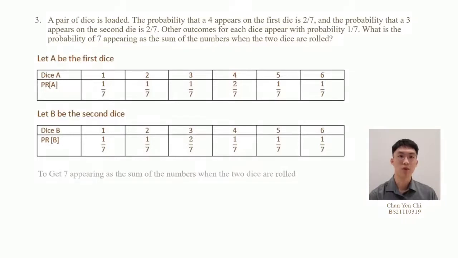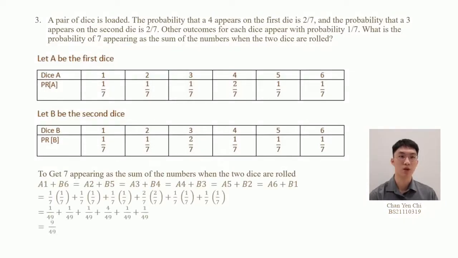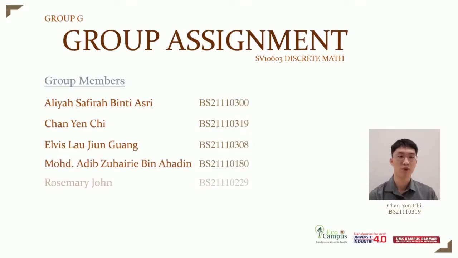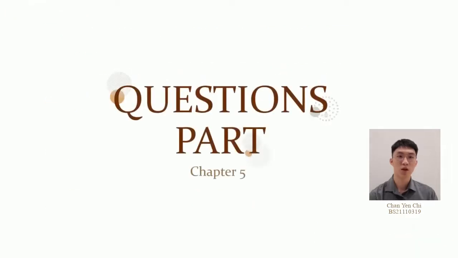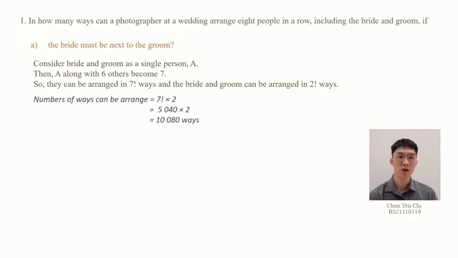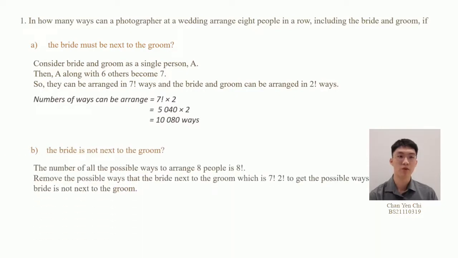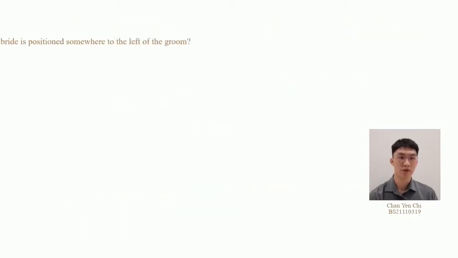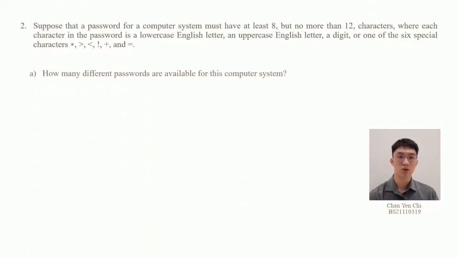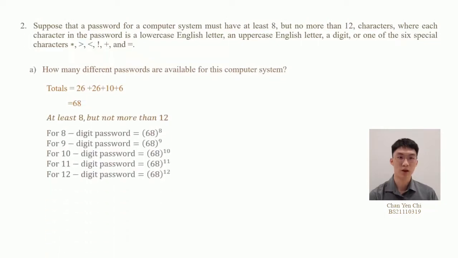To get a 7 as the sum of the numbers when 2 dice are rolled, we have to list out all the combinations of the dice that give the sum of 7, which are A1 plus B6, A2 plus B5, A3 plus B4, A4 plus B3, A5 plus B2, and A6 plus B1. Since these are independent events, we have to find the sum of the product of each combination.